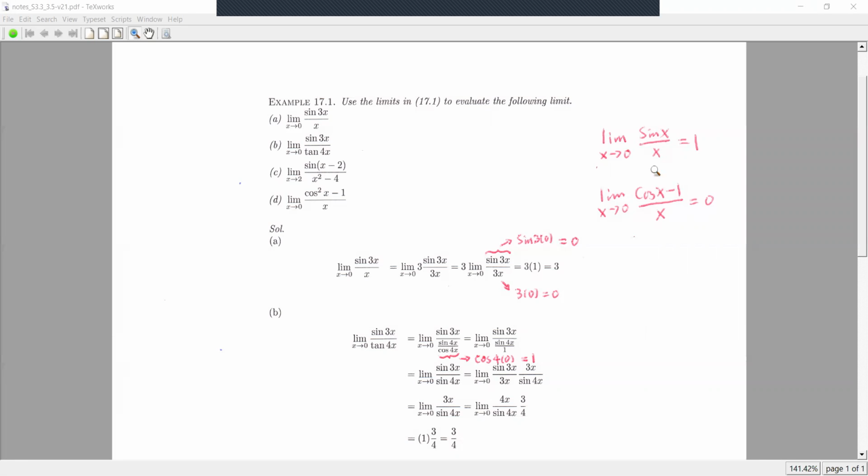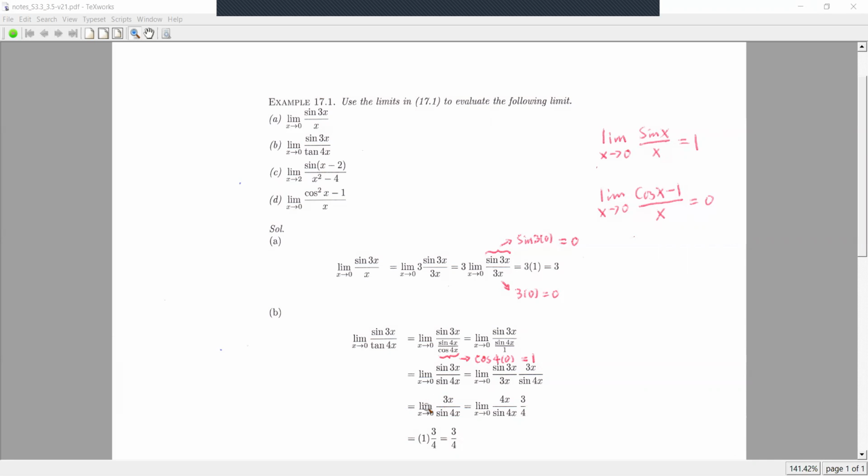But by this limit, sine of 3x and 3x approach 0 at the same speed. So this quotient approaches 1. So we can replace this quotient by 1 without changing the value of the limit. So we have this equation.